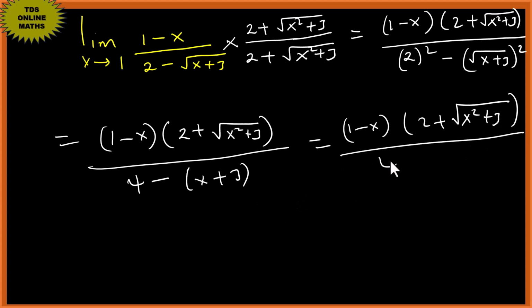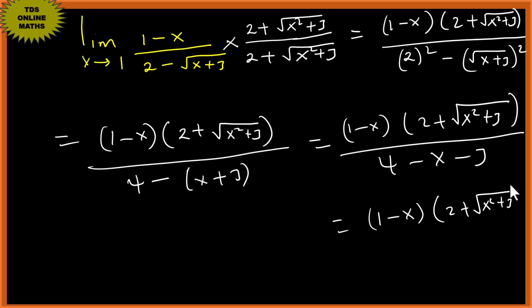So we have 4 minus x minus 3. So 4 minus x minus 3 will be 1 minus x. So we have 1 minus x minus x. So we can do the cancellation.